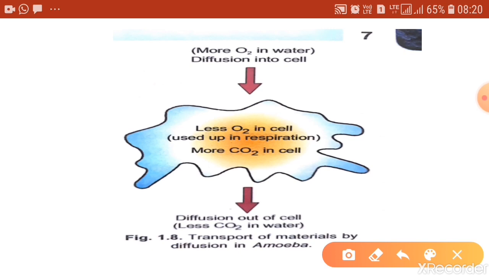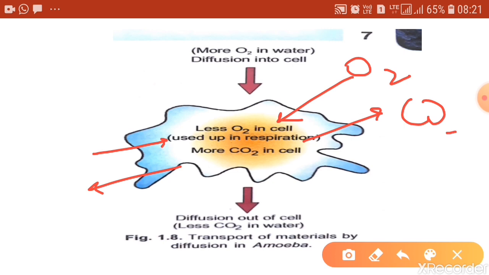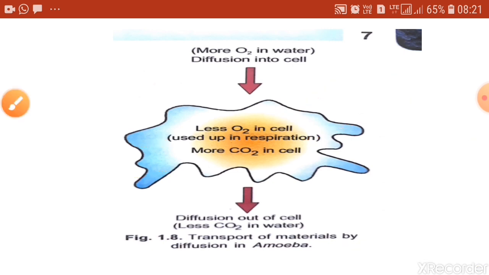Oxygen and carbon dioxide will move across the plasma membrane, in and out of the cell, by the process of diffusion. In a respiring cell, oxygen will always enter the cell, whereas carbon dioxide will leave the cell, and this occurs by diffusion. Why this happens, let us see.